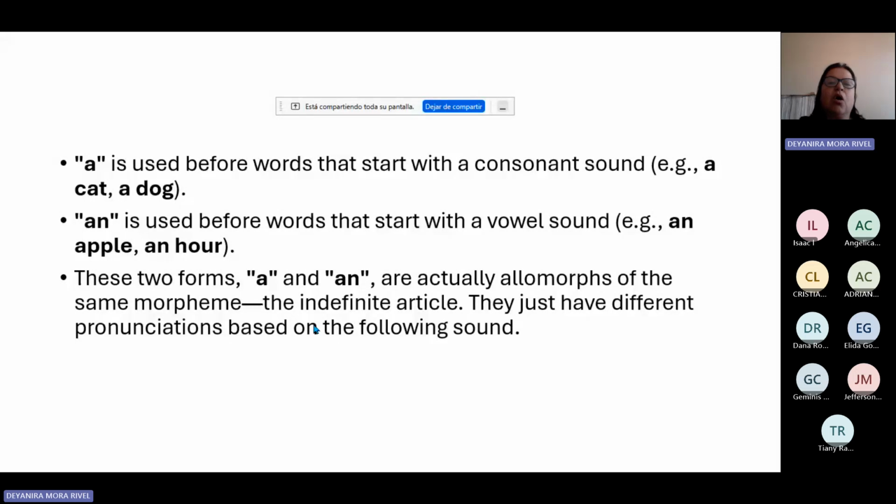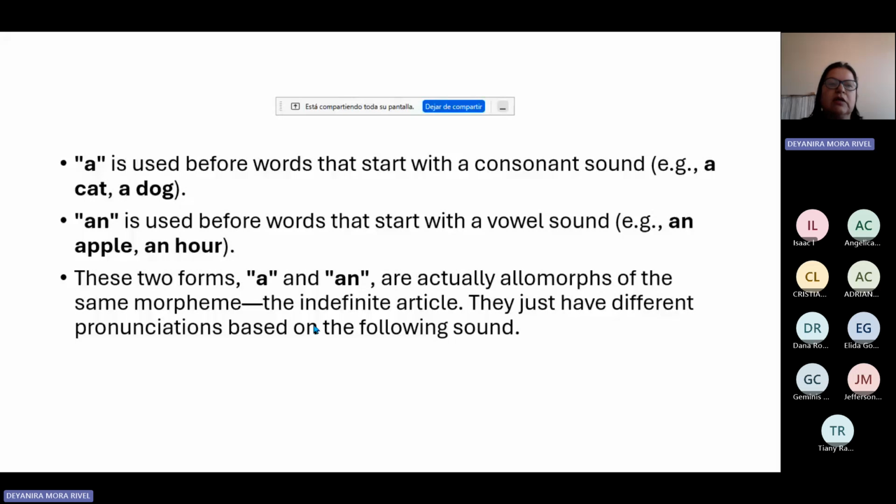But when we have a noun that starts with a vowel sound, then we use an. But see that a and an are exactly the same thing. They're still articles.